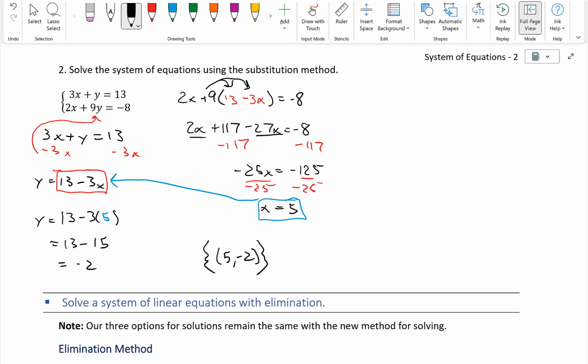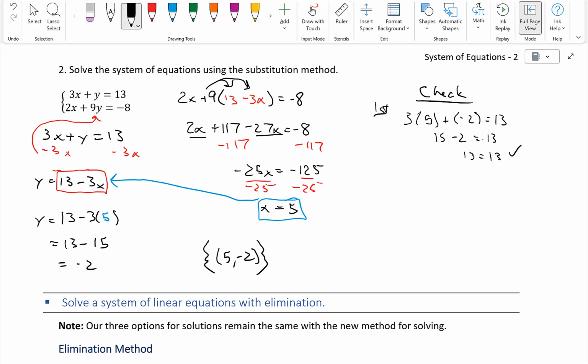And I just want to check it now in both of my original equations like we did for number 1. So I'm going to put in the first equation, 3 times 5, plus negative 2 should give me 13. That's a 15 minus 2, which is in fact 13.